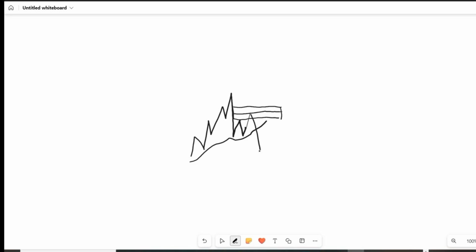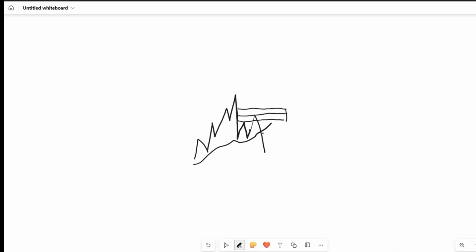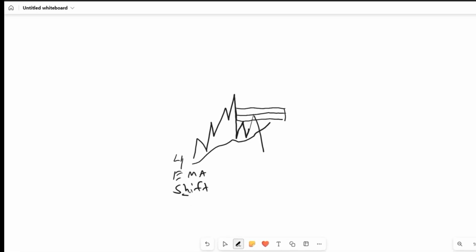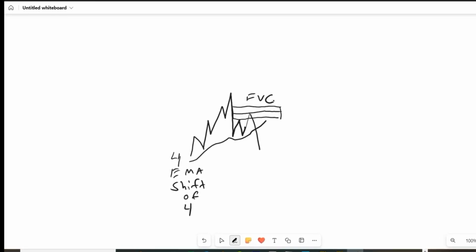So our entry is when price closes below the 4 EMA with a shift of 4. So this would be our 4 EMA with a shift of 4. This is our fair value gap, and this is 50% of that fair value gap.